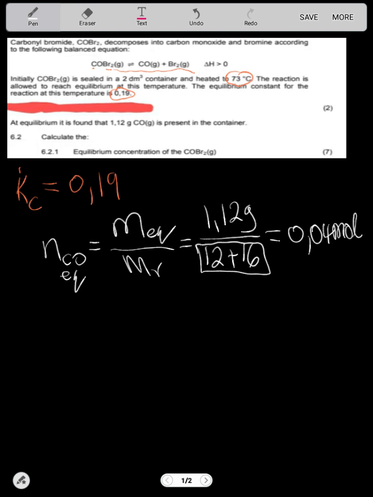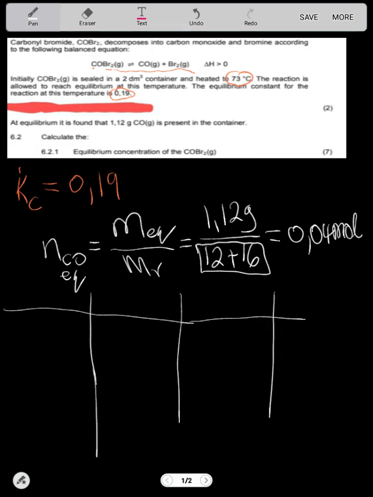Now, remember from the last video I said to you, once you're dealing with a Kc expression, it is best to draw the table. Using the table will help you a lot in making this whole calculation easy. So let's get to the table. I'm going to draw the table for you quickly.